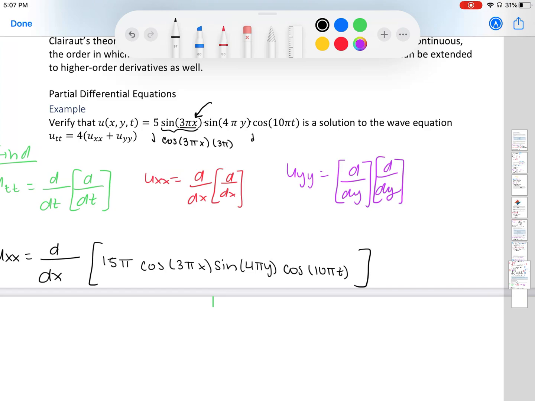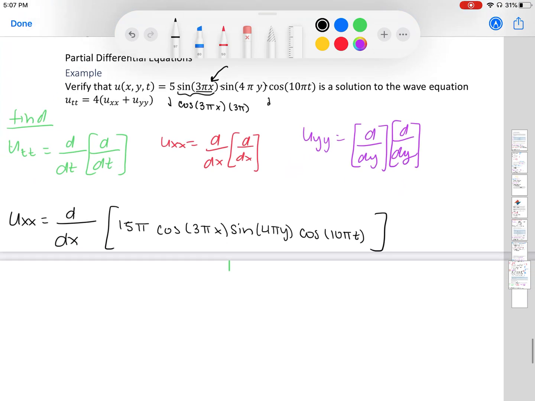Okay, now let's apply a derivative to that first derivative. So we want the derivative in x. We only have an x here. So we only need to apply a derivative to this. The derivative of cosine is negative sine of 3 pi x. The derivative of your argument is 3 pi. So our answer would be 15 times 3, which is 45. Pi times pi is pi squared. So we took care of this, multiplied by that.